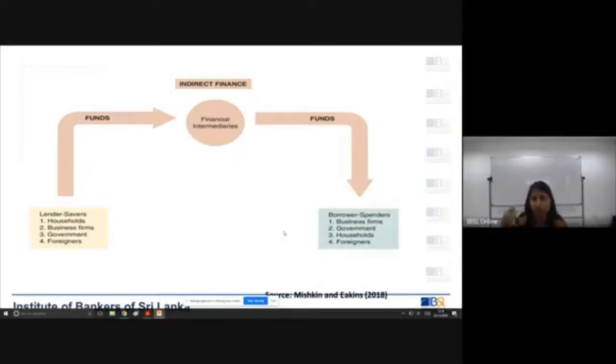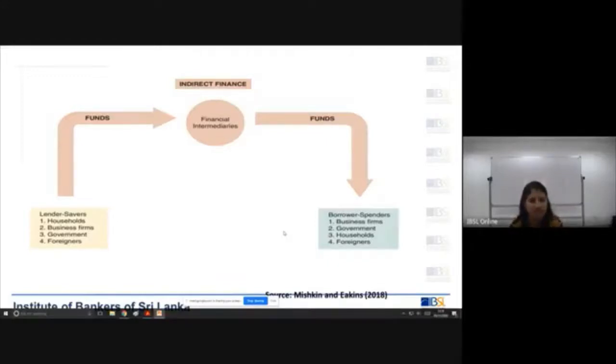Now, if I am putting some money in my savings account in a bank, once the bank gets the deposit, they will use it for their lending purposes. So the funds that I deposit could have been used to give a loan to a very well known blue chip company. But I'm not aware. Okay.